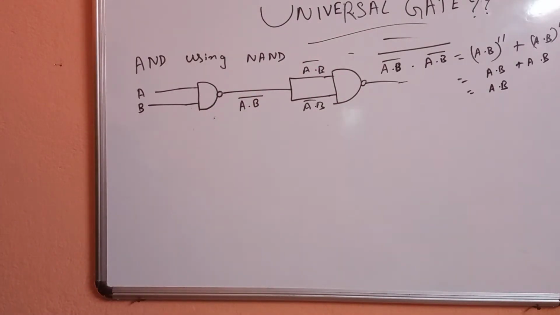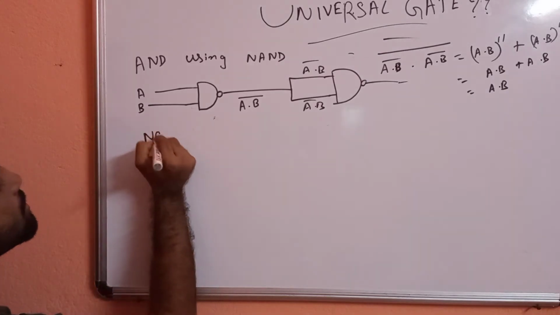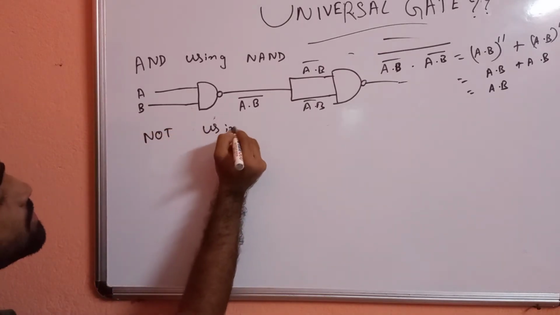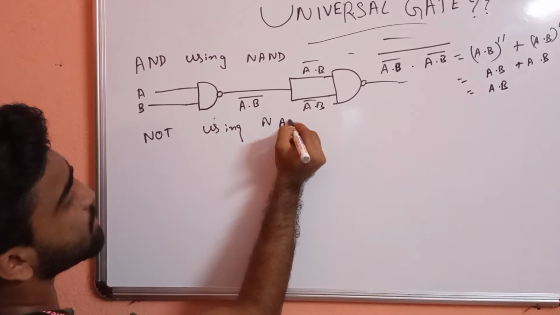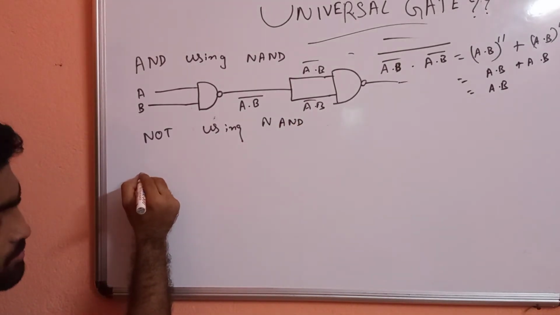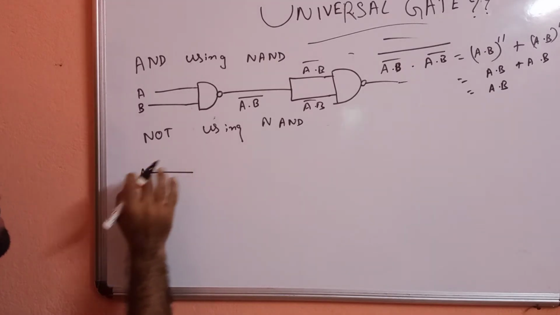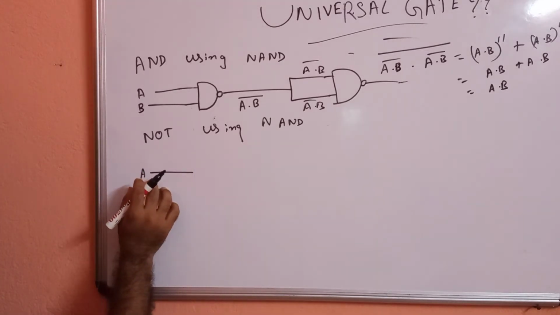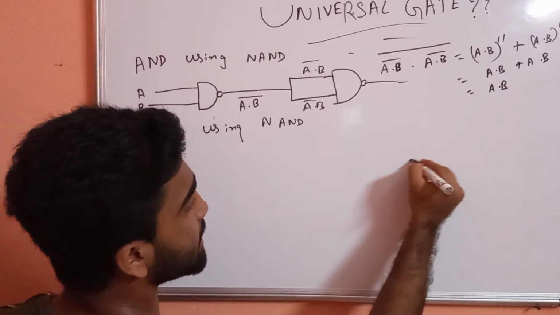Now we will see NOT using NAND. Very simple actually. We take input A and do the NOT of A, so the output will be A bar.